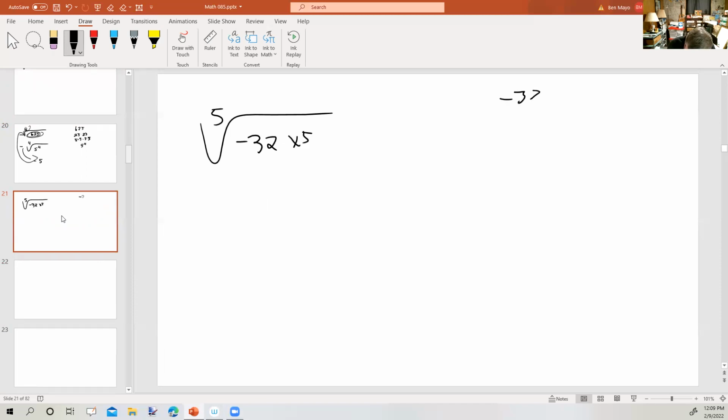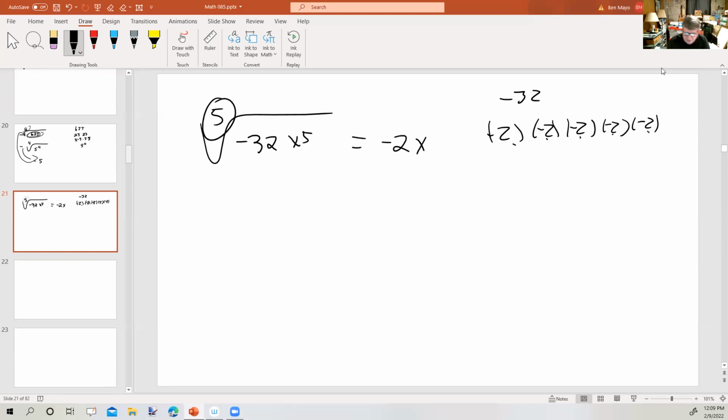Well, negative 32 would be negative 2 times negative 2 times negative 2 times negative 2 times negative 2, isn't it? 2, 4, 8, 16, 32, negative times negative times negative times negative times negative is negative. So it'd be negative 2. But then the fifth root of x to the 5th is x. Do I need absolute value bars? No, because it's an odd root. You only have to be careful when you're taking an even root.